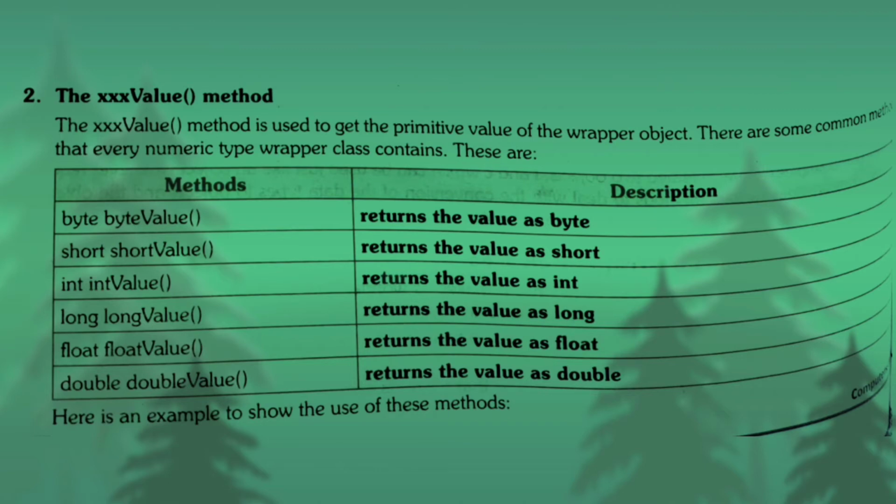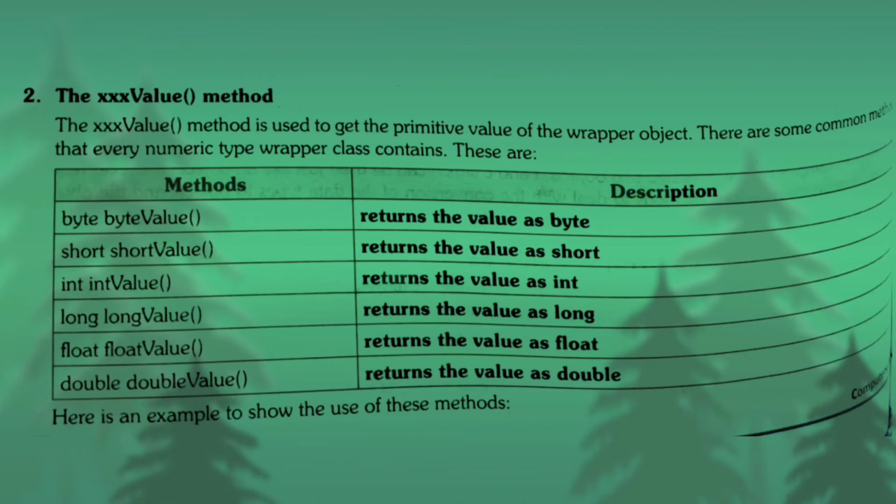If you are using it with integer, then intValue, longValue, floatValue, or doubleValue. So this is the actual method. This method is used to convert the wrapper object into a primitive data type. So you can see this xxxValue method is used to convert the reference type into a primitive data type.